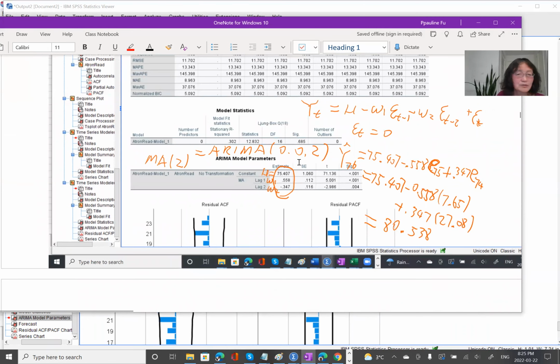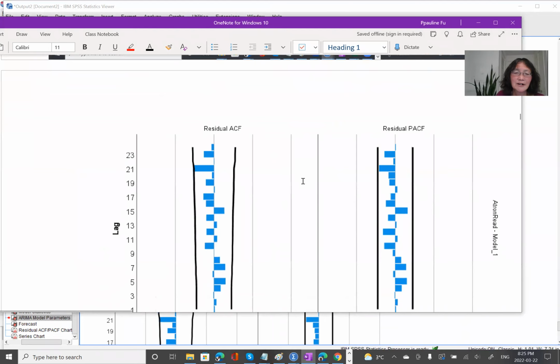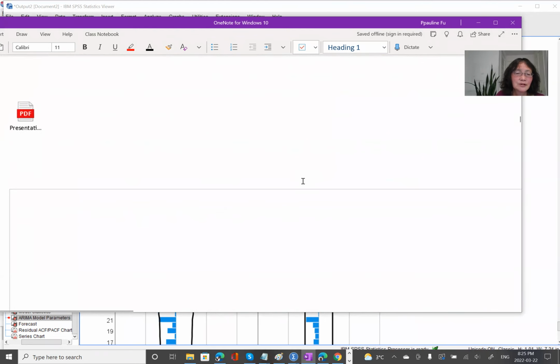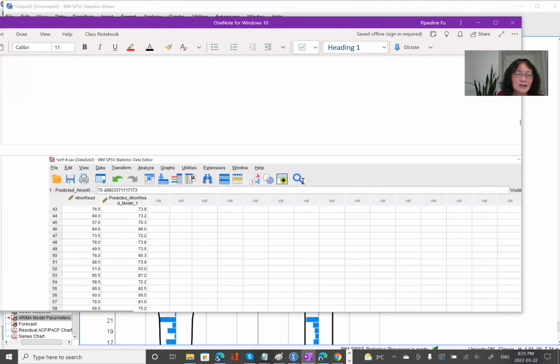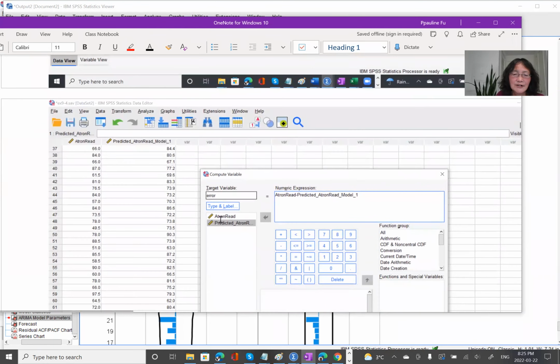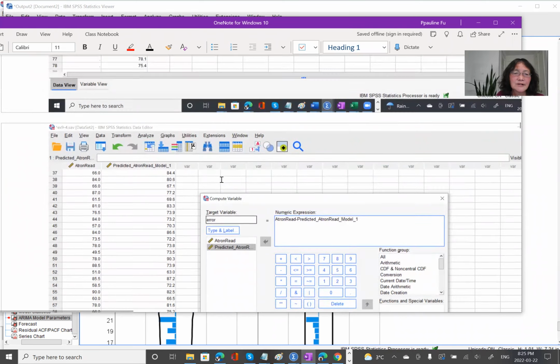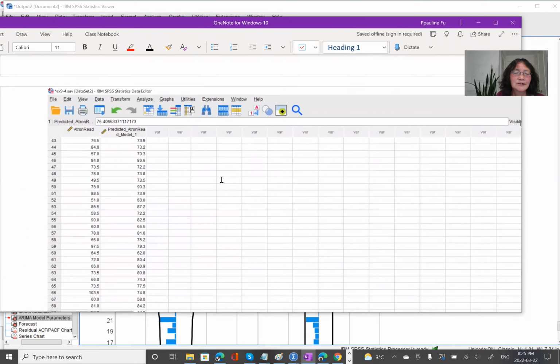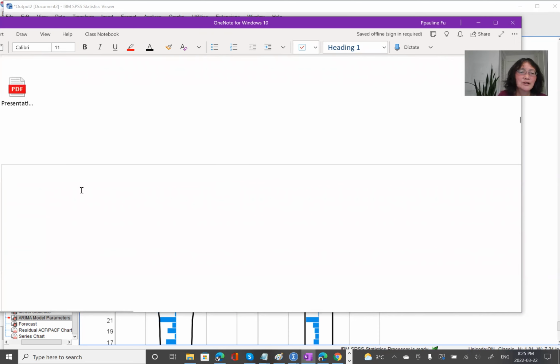This is the MA2 we just did, and then this is example 4, this is AR1. I'm just going to put the result here.